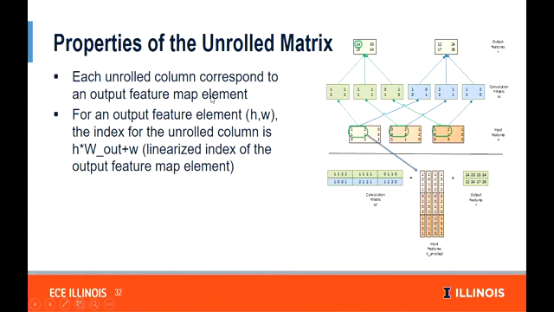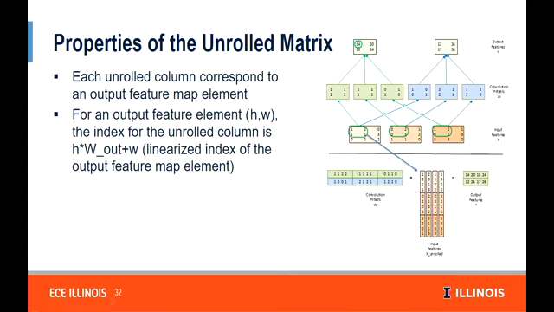Okay, take any of the output feature maps. Each of these columns corresponds to one of these elements in the feature map. Remember, we don't replicate the input for multiple output feature maps. We only replicate them for the elements in the feature maps. So each column here corresponds to one of the output feature map elements.